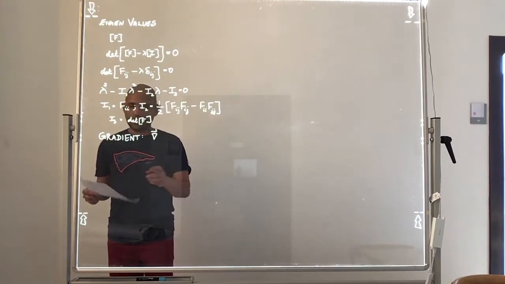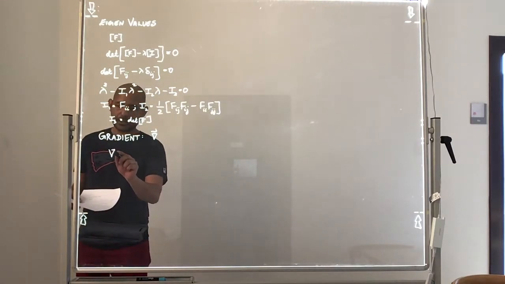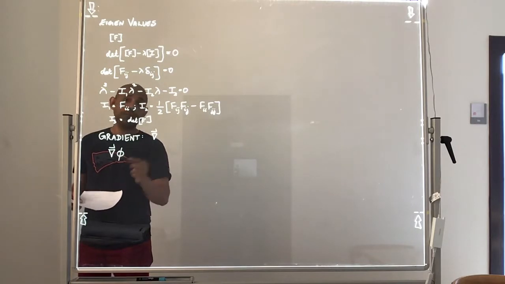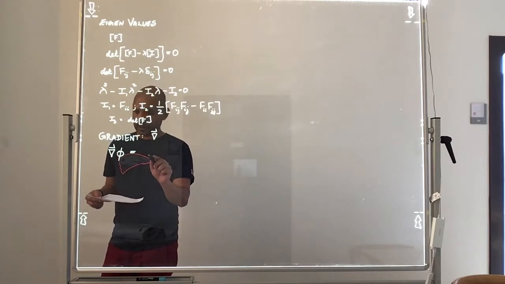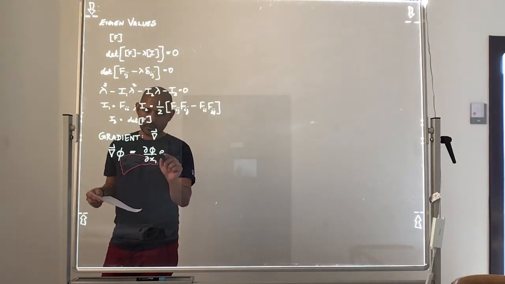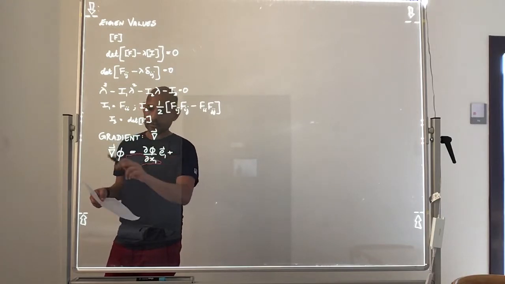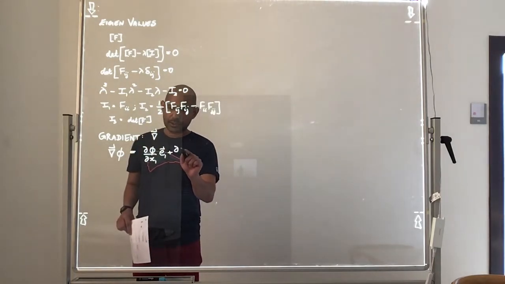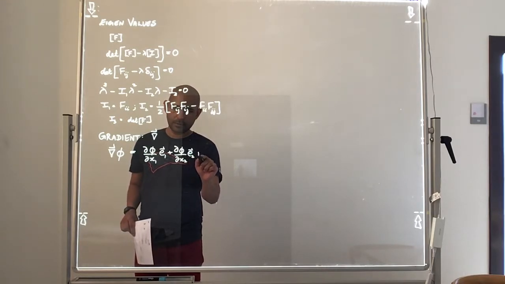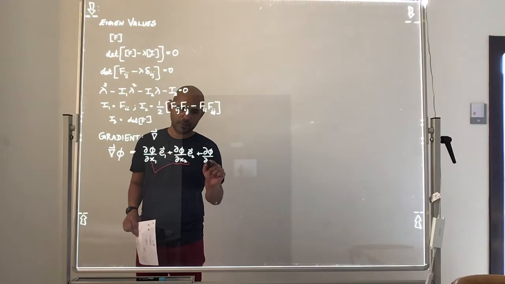For example, the gradient of a scalar, if you don't know, it's okay, I'm telling you what it is now, is d phi by dx1 e1 plus d phi by dx2 e2 plus d phi by dx3 e3. So the gradient of a scalar field gives you a vector.